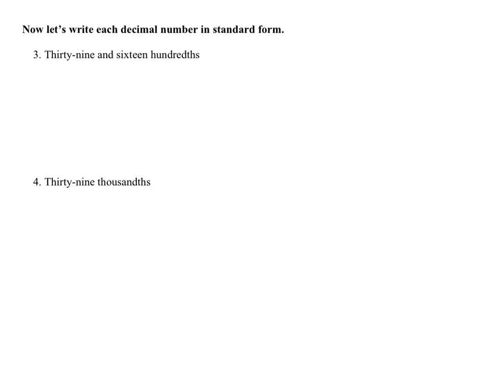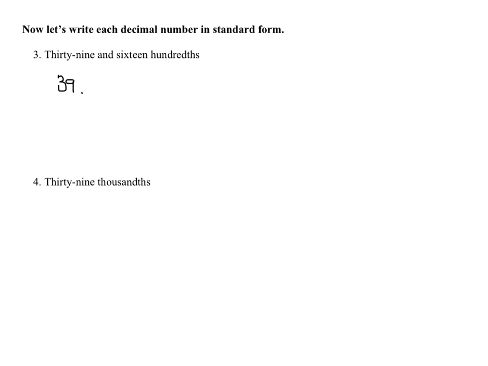Now we're going to do the opposite thing. Let's write each decimal number in standard form, which means write them as numbers. That's what that means. So 39 and 16 hundredths. So 39 is your whole number part, and the and means your decimal point, 16 hundredths.